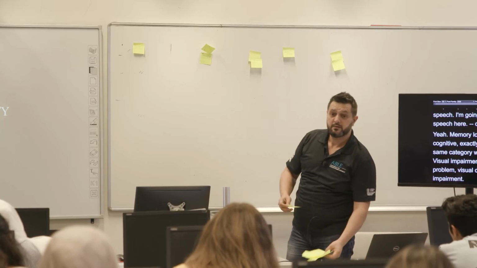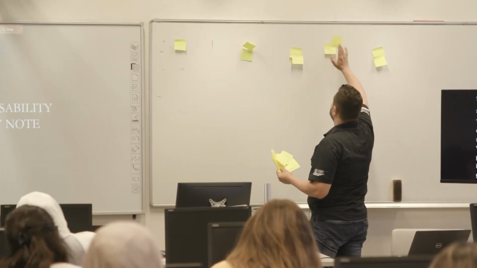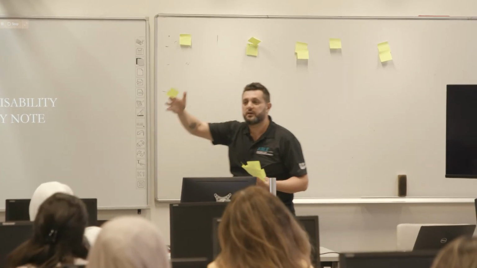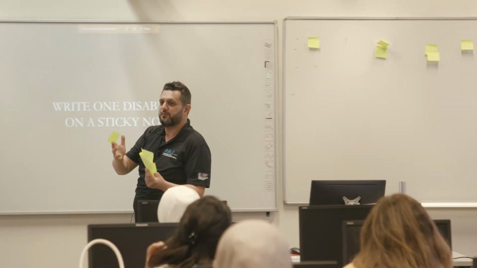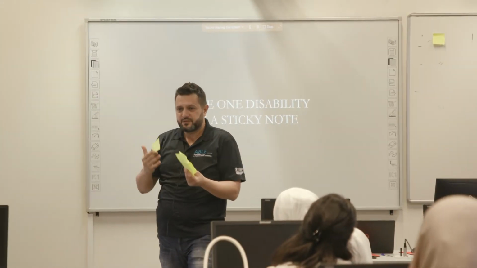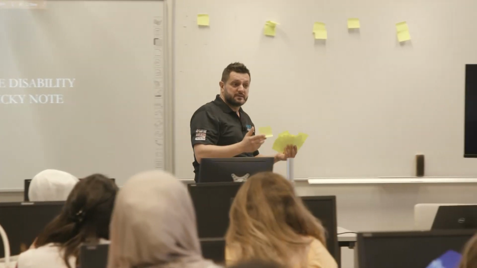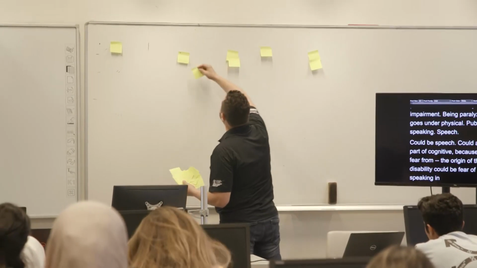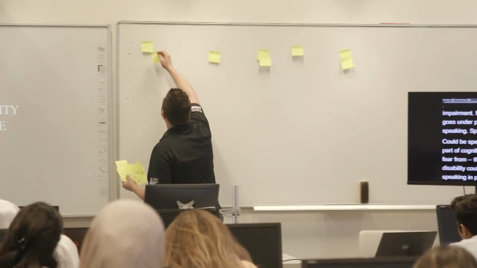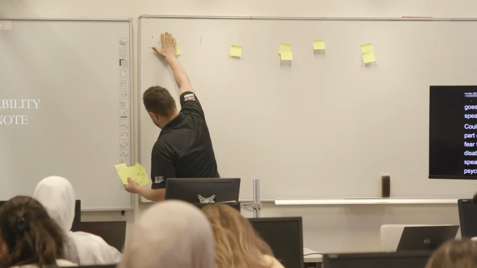Public speaking, could be speech, and that could also be part of cognitive, because the origin of this disability could be fear of speaking in public. So it could be a psychological disability. I'm going to leave it with the speech.